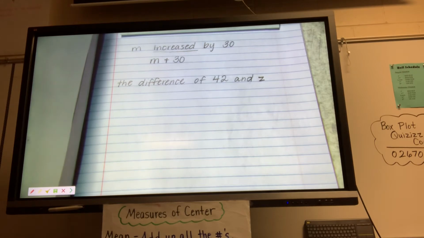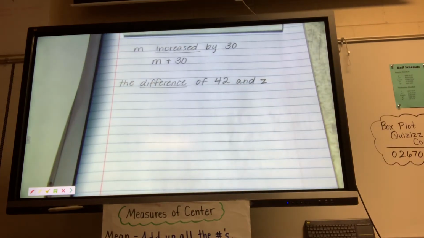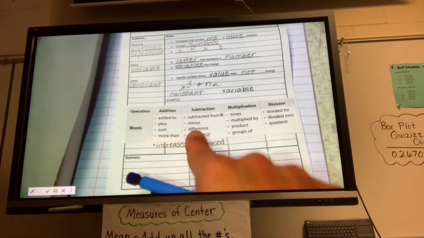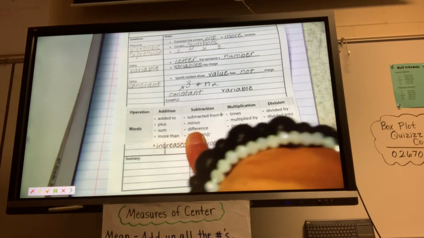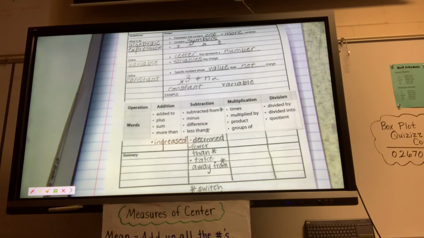So the key word for this, what do you think, Chris? Difference. So let's underline that. Go back and look. Difference tells us that it's subtraction. When we're dealing with subtraction, it is very important that we keep the order that it's supposed to be.